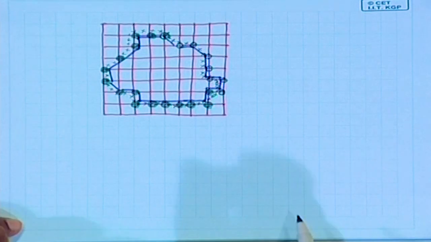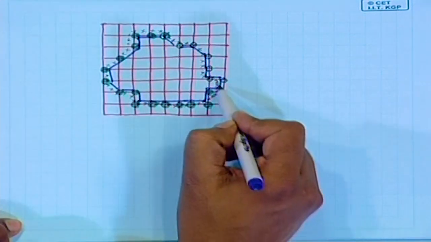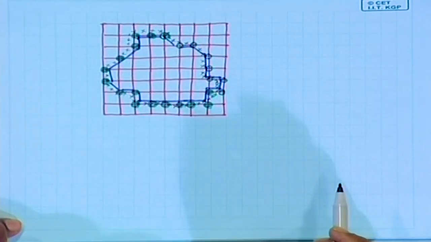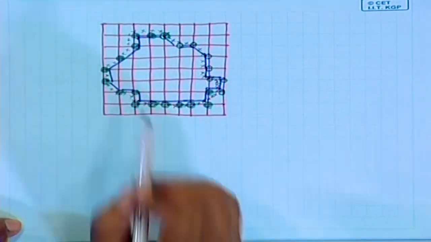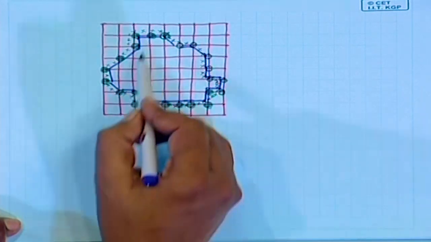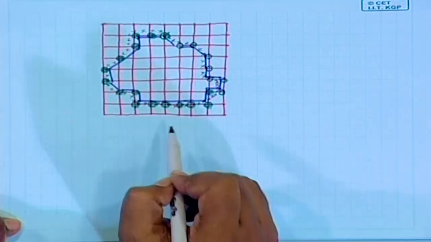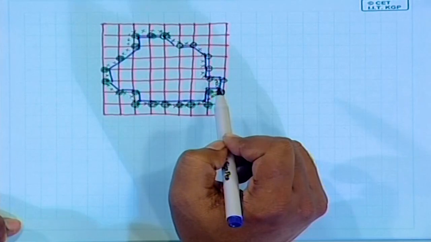Initially I had a large number of boundary pixels, which are now scaled down to a lower number of boundary pixels, and what I get is an approximate representation of the original boundary.